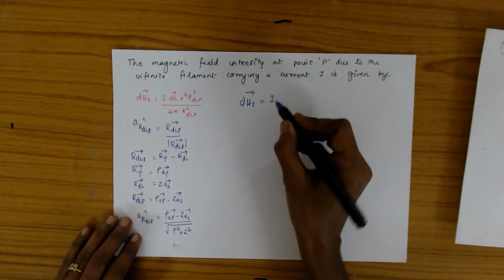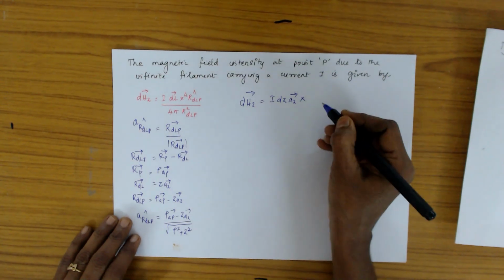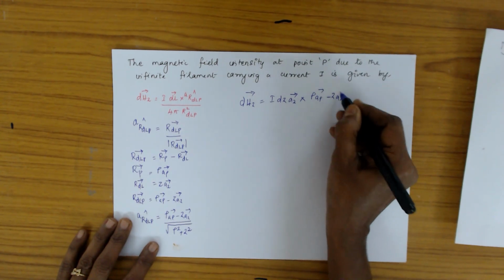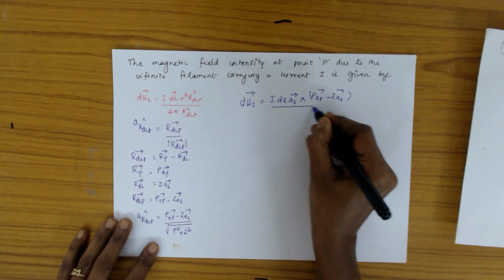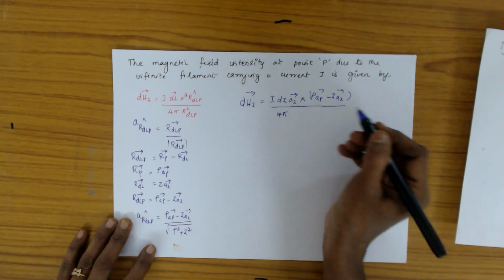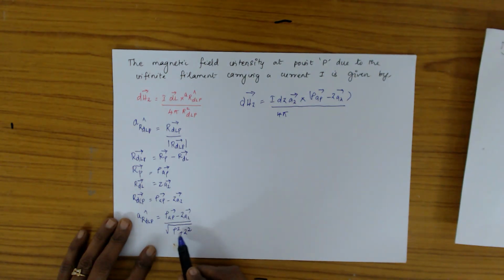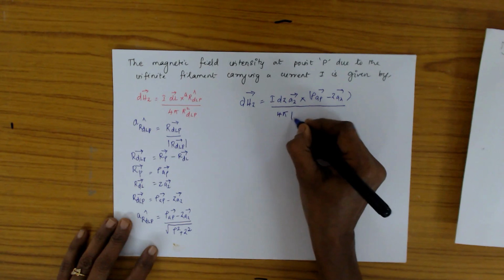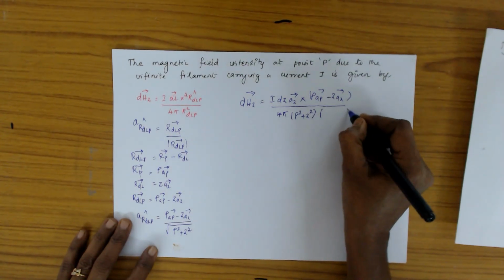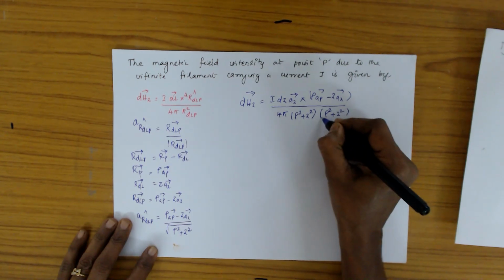Hence dl can be written as dz az cross product aR dlp, that is rho a rho minus z az, divided by 4 pi R squared dlp. We know R is equal to the square root of rho squared plus z squared, so the square root will go away and this becomes rho squared plus z squared. The denominator of the unit vector component is the square root of rho squared plus z squared.